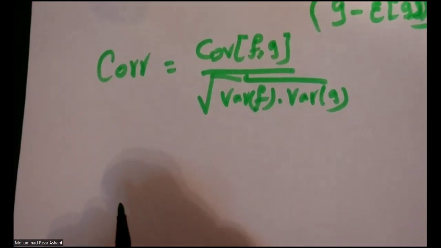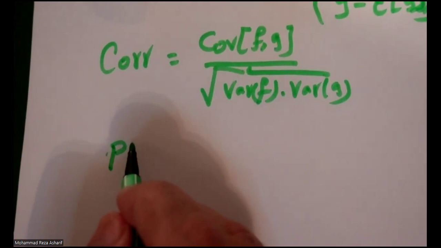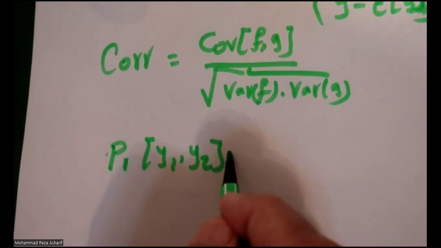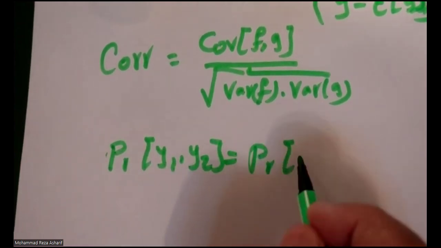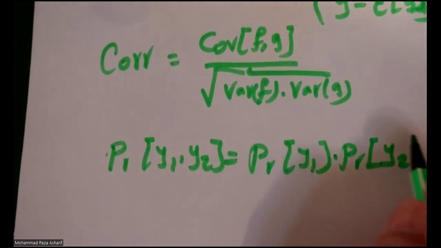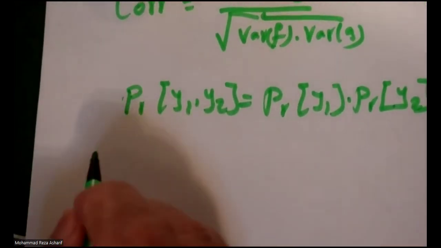So for independent variables, of course, the probability of f, y1 and y2 is the probability of y1 times the probability of y2. And the Rayleigh density, log normal, exponential, two-sided Laplace density, and also the conditional probability is important.